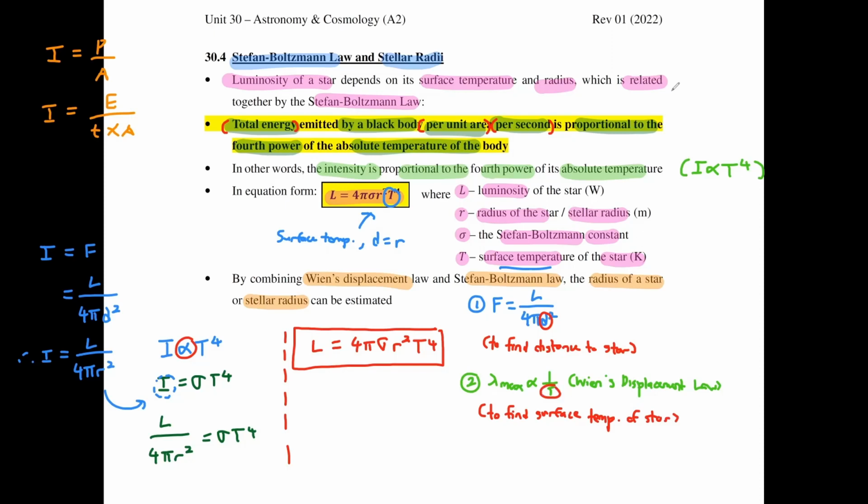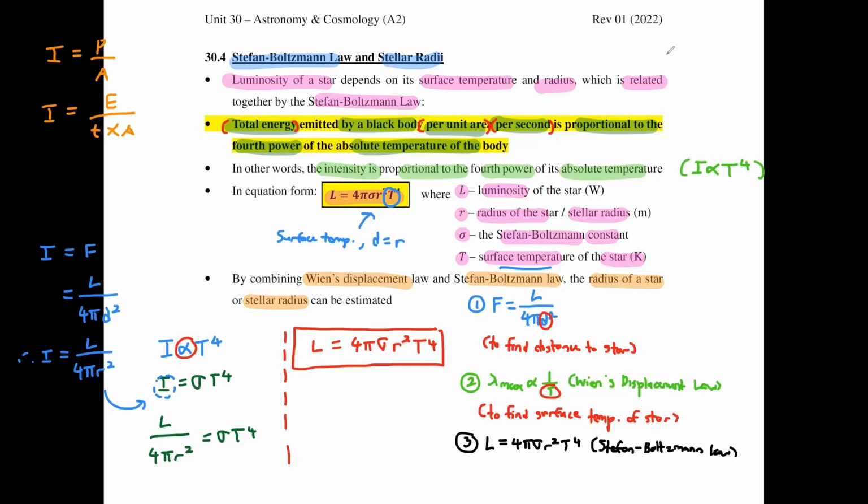And then for the last equation that you've learned is luminosity equals to 4 pi sigma R squared T power 4. This is your Stefan-Boltzmann law. Okay.